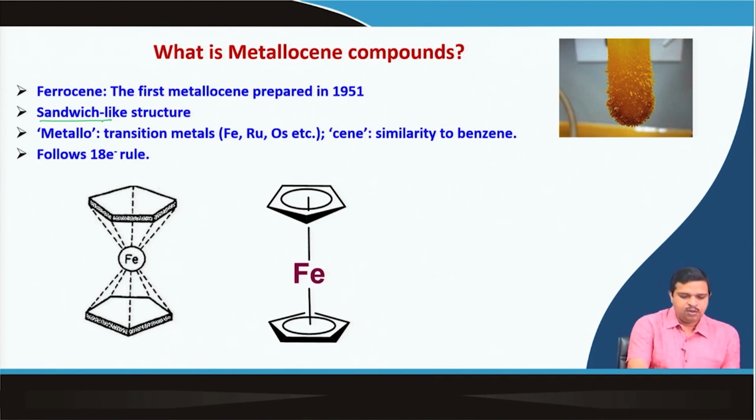Basically these are aromatic in nature, okay, this Cp minus. So, that is why, if you take benzene, from benzene the 'ene' has come, and 'metallo' comes from the metals, transition metals. That is why the category name is metallocene.